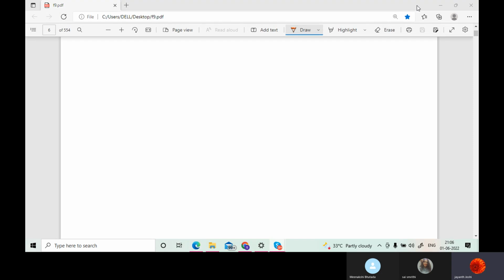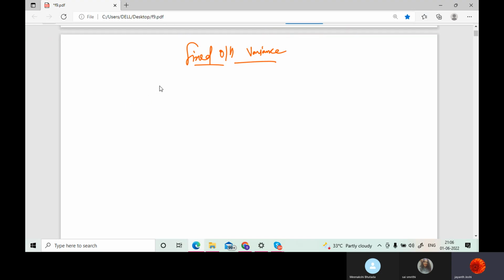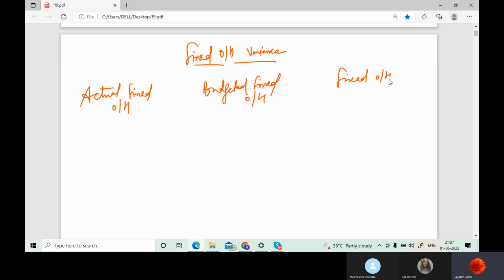So our topic today is to find out fixed overhead variance. So fixed overhead variance formula is: actual fixed overhead, budgeted fixed overhead, fixed overhead applied.